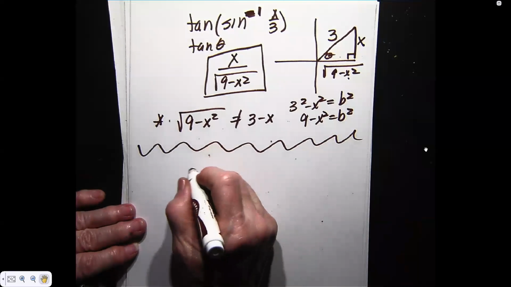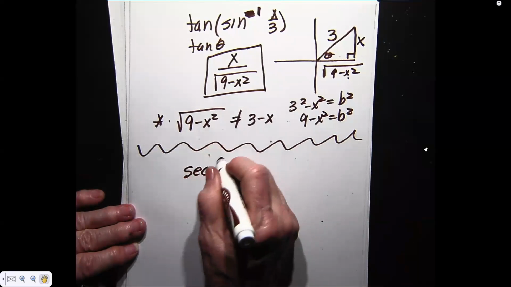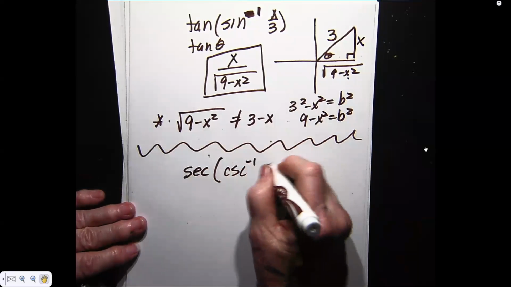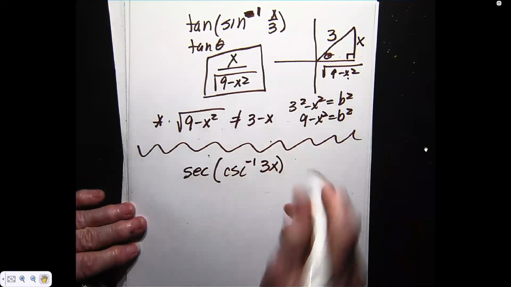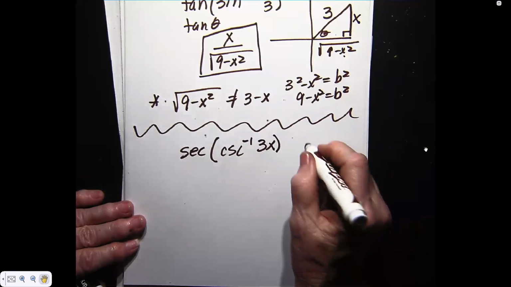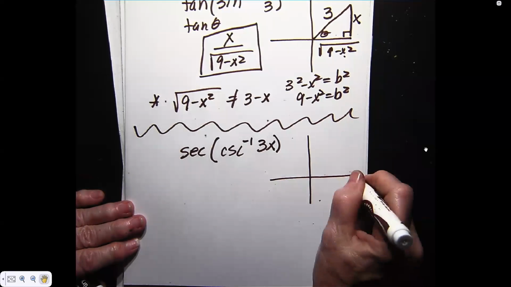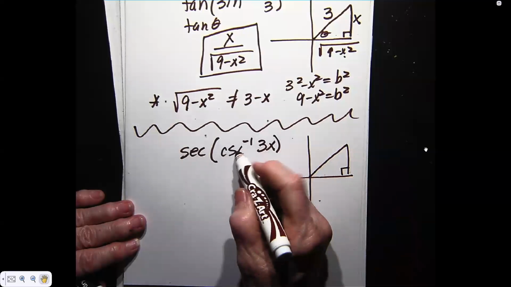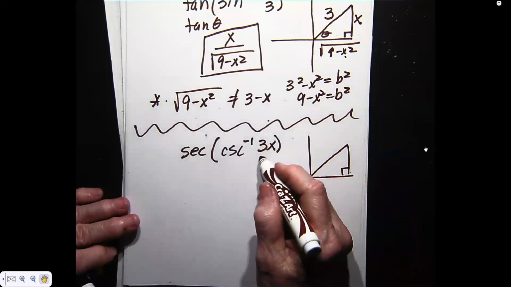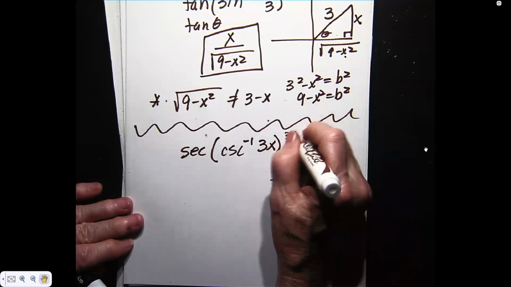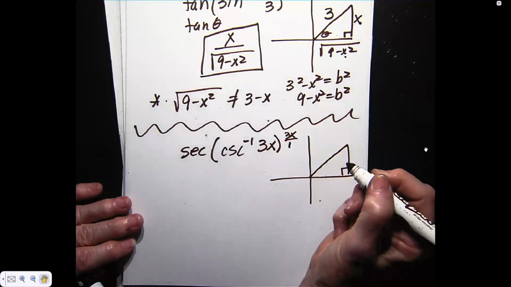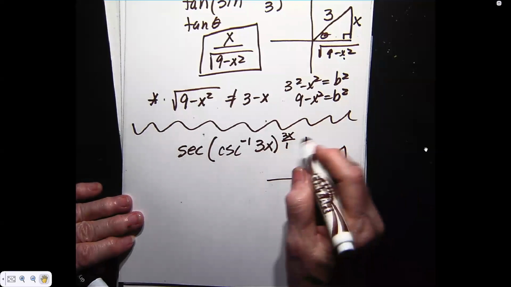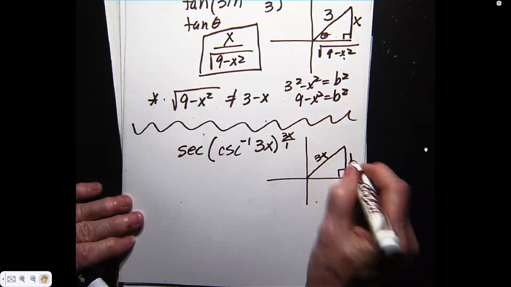One more, if I said I wanted the secant of the cosecant inverse of 3x. Still drawing a triangle. Cosecant is hypotenuse over opposite, so that's 3x over 1. Hypotenuse is 3x and opposite is 1.